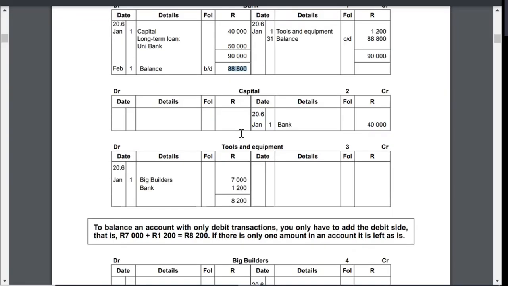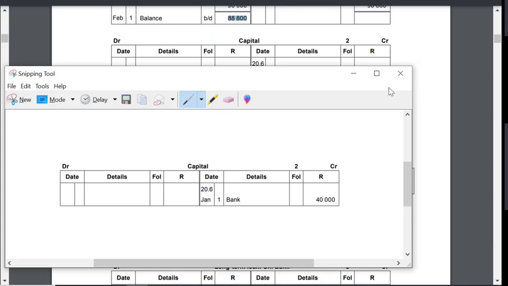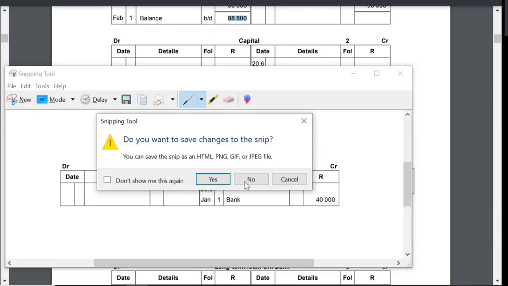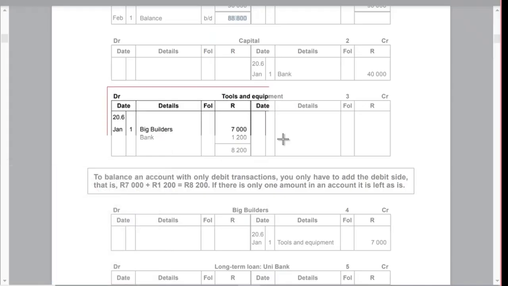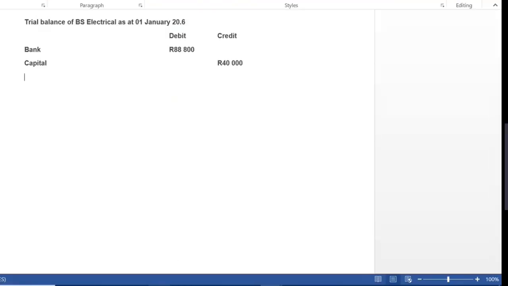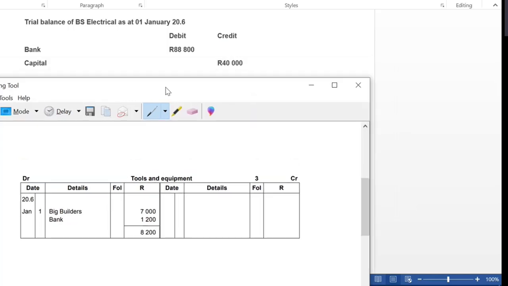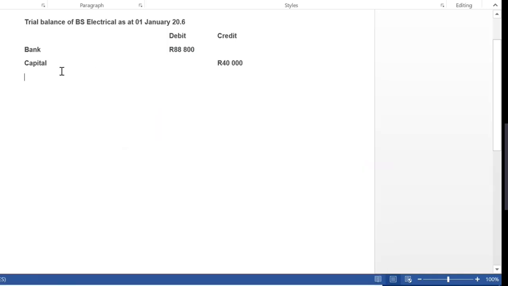And then let's look at another account, tools and equipment. Tools and equipment is on which side? It's on the debit side.